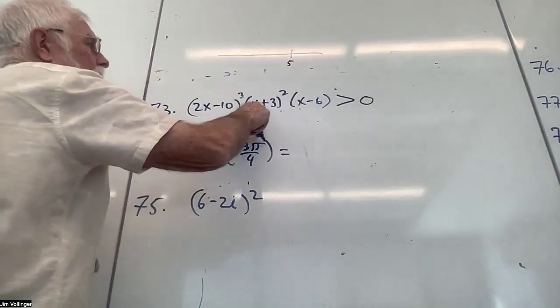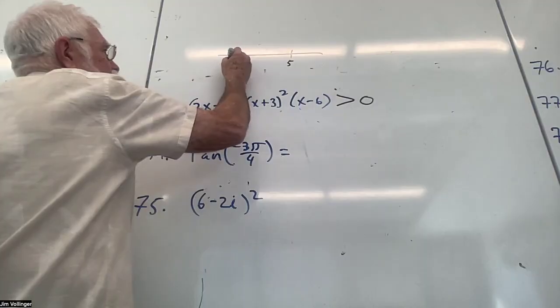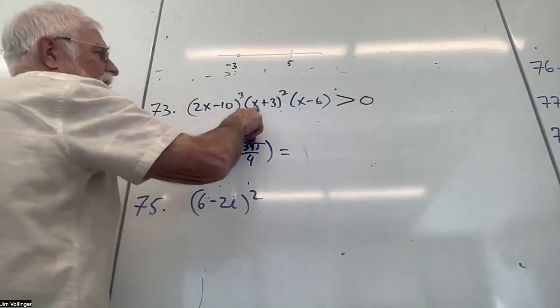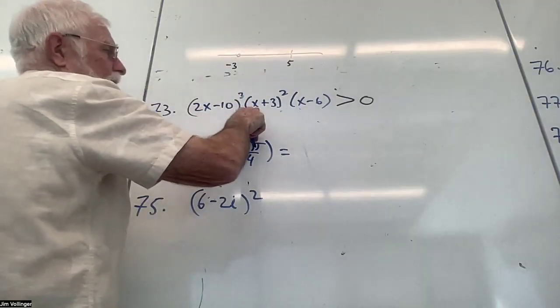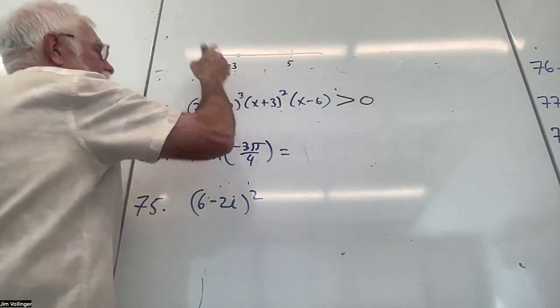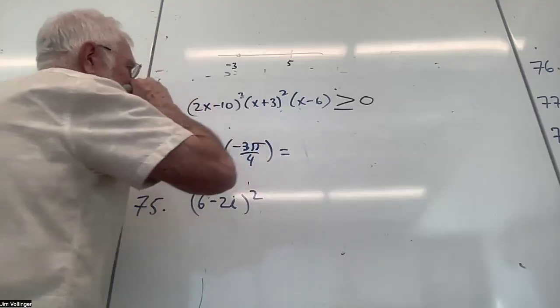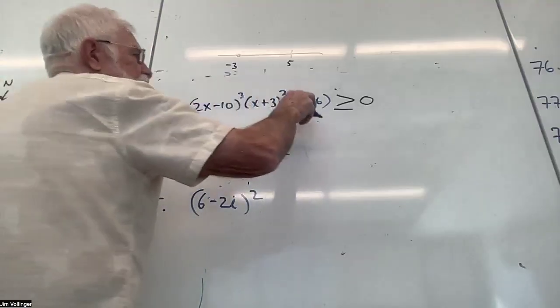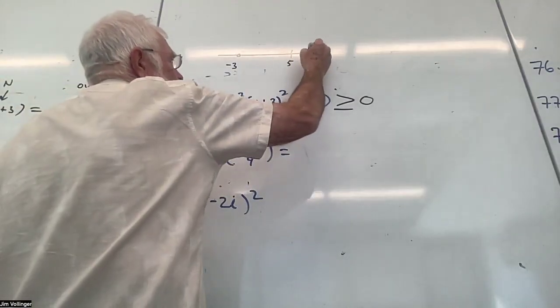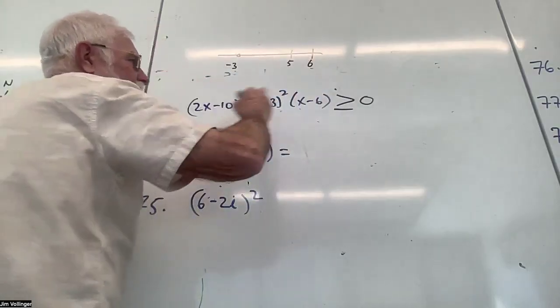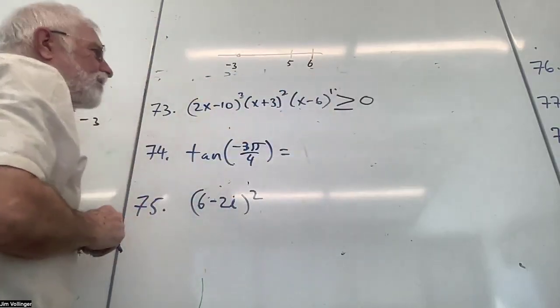All right? At -3, I'm not going to get a sign change. Right? I don't care if I put -2 or -1. If I'm squaring, I'm getting a positive answer. I'm getting 0. Why don't we say or equal to so I can make this a little easier? And at 6, wow, that's pretty close. So not drawn to scale necessarily, but there's going to be a sign change there.